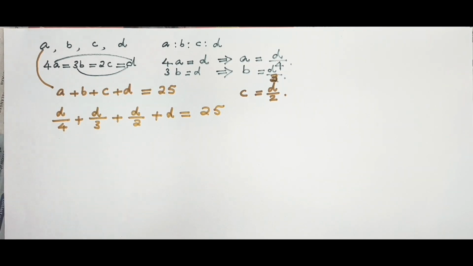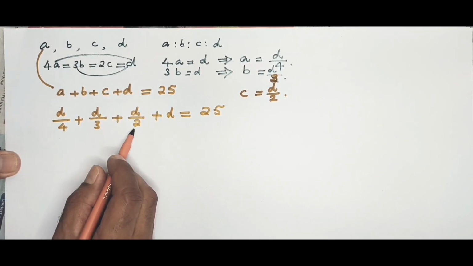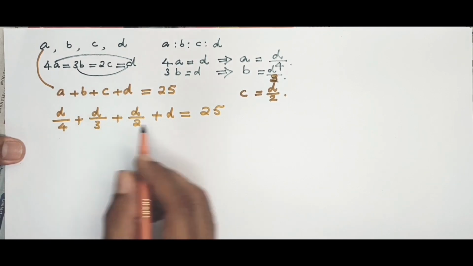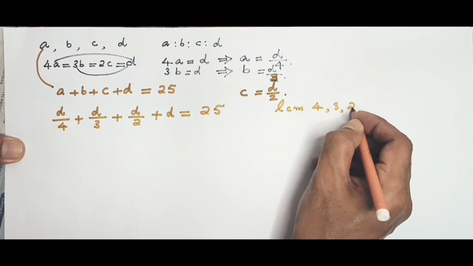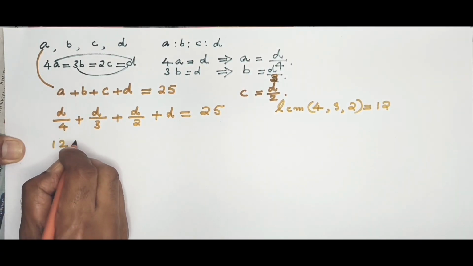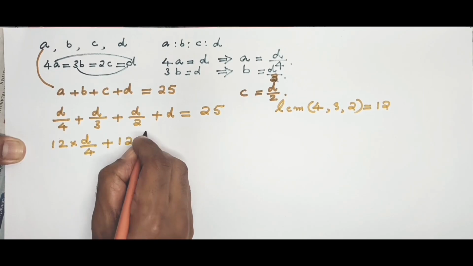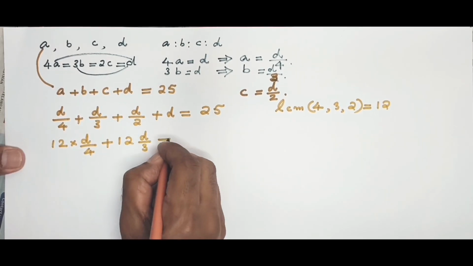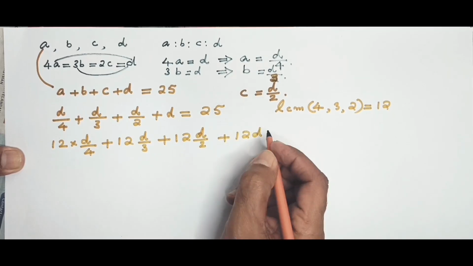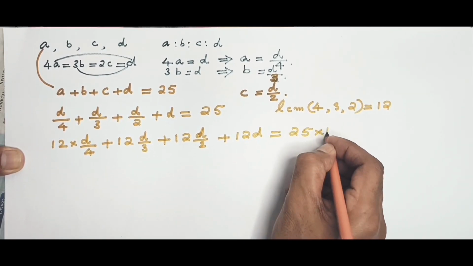So what do you do for that? It's a fractional equation. The denominators are 4, 3, 2. Let's multiply the whole equation with the LCM of 4, 3, 2, which is 12. So 12 multiplied by D over 4 plus 12 multiplied by D over 3, plus 12 multiplied by D over 2, plus 12D on the left side and on the right side 25 multiplied by 12.